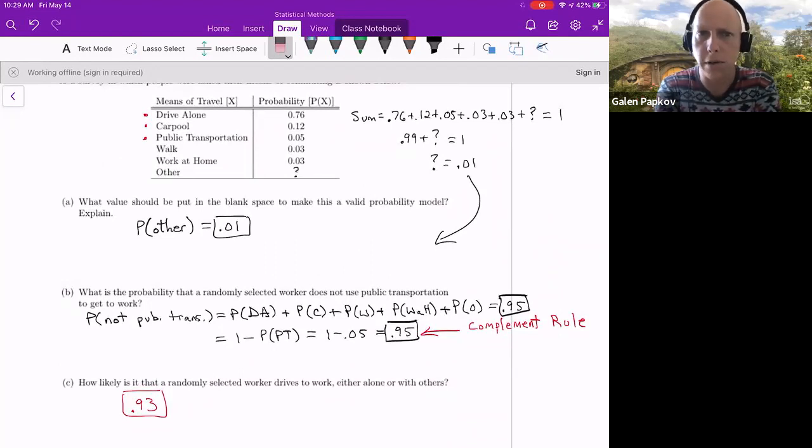A lot of times students feel that taking the bus is driving with others. But walking and work at home and other are likely not in that type of transportation. And so 0.76, 0.12, 0.05, you add those up and you get 0.93 or 93%.